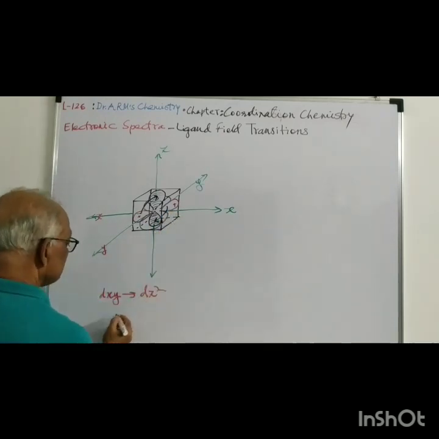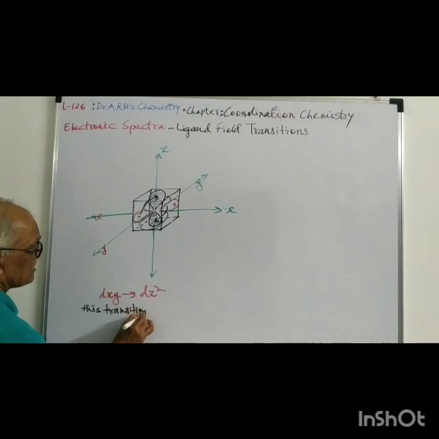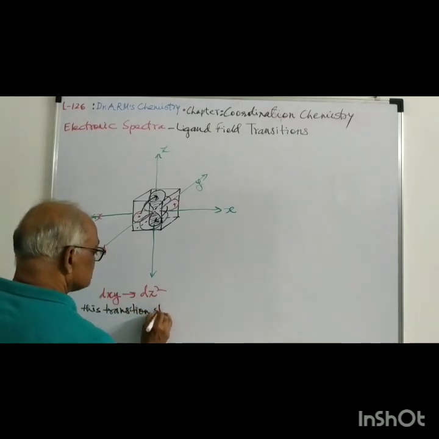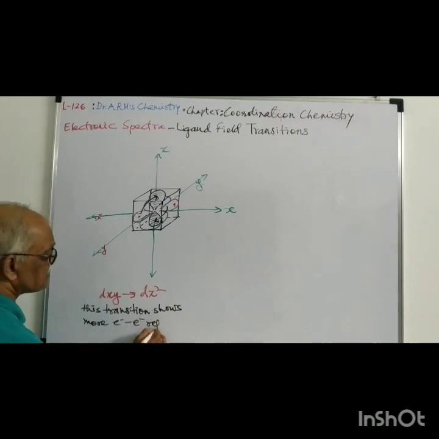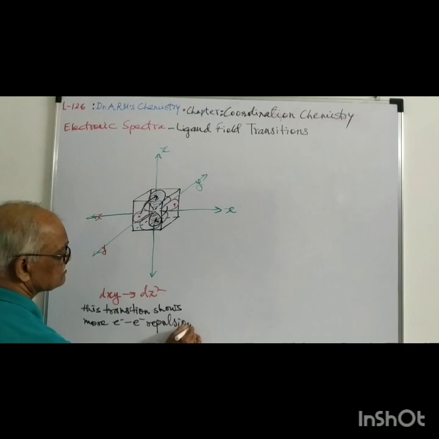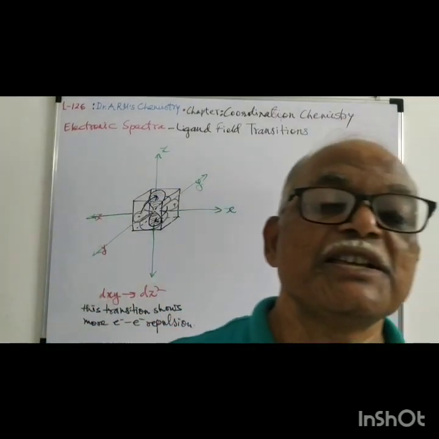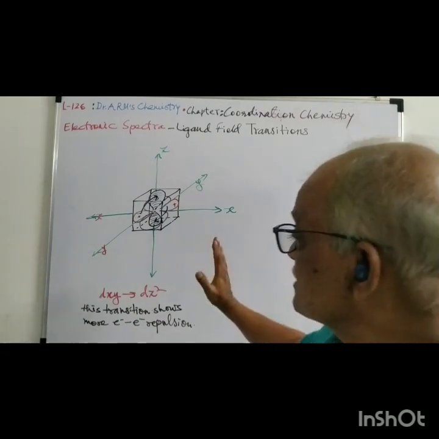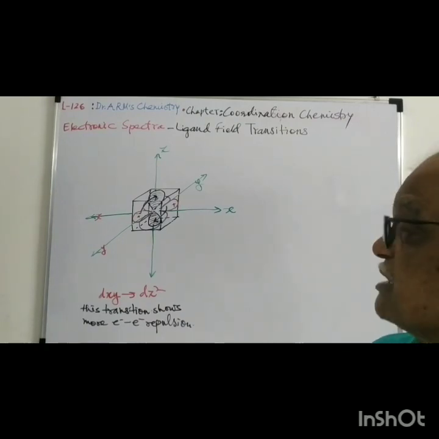So this transition shows more electron repulsion. As a result, it takes place towards the higher energy side in the spectrum, as we have seen in the previous lecture.